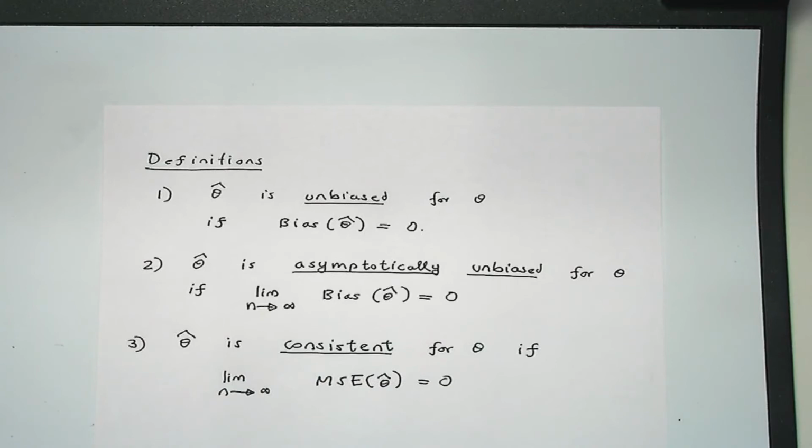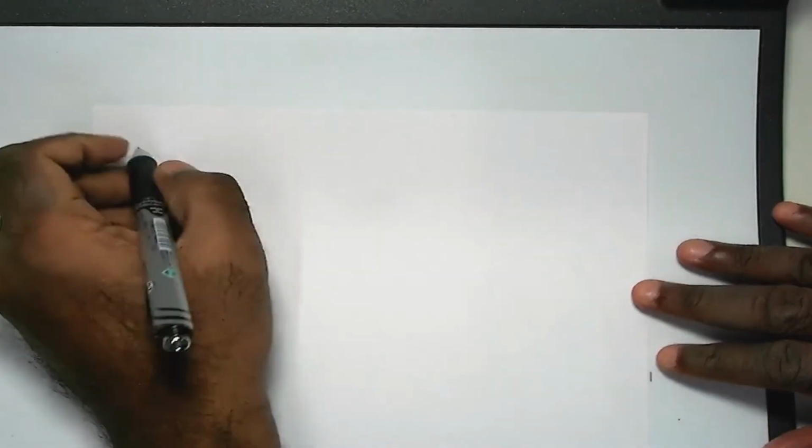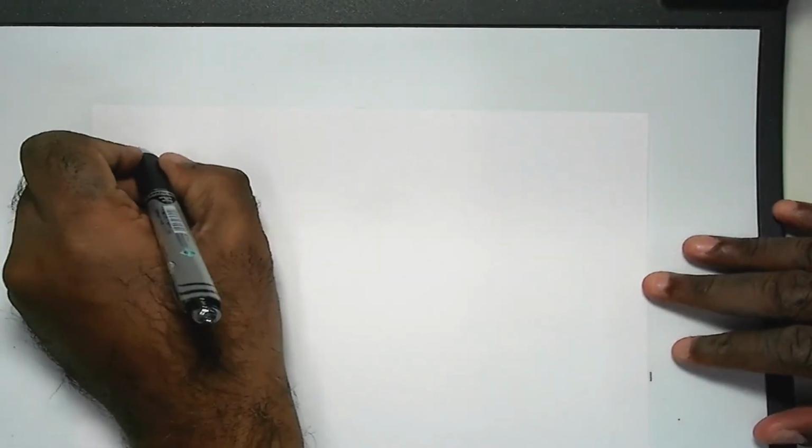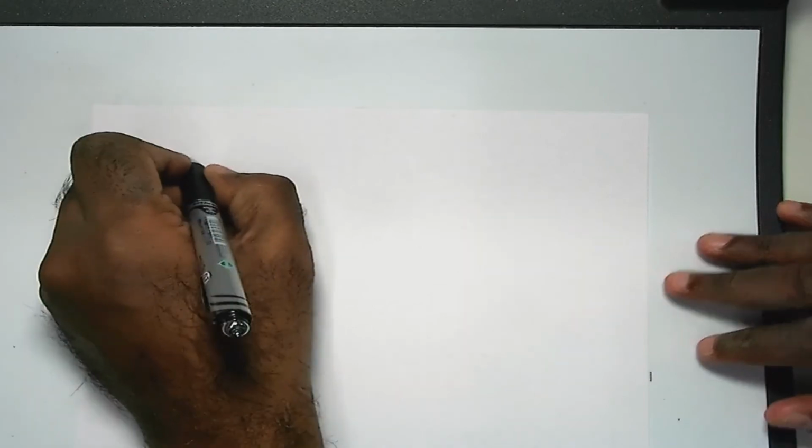Alright, in the next slide I will give you 3 properties, and I will also give you proofs of those 3 properties. But before I give the proofs, let me write them down. Let me write down the properties first, then I will prove them.